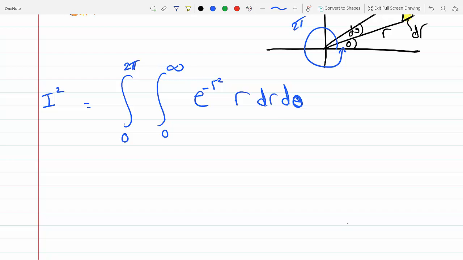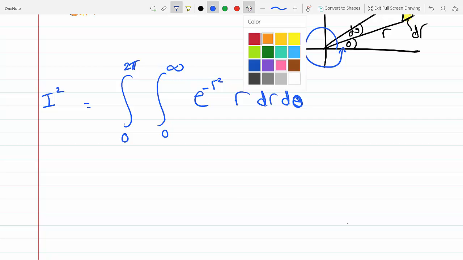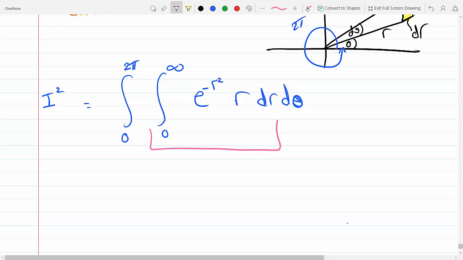Okay, so this is now a straightforward integral. I could take the dr one separately and use u substitution on that.